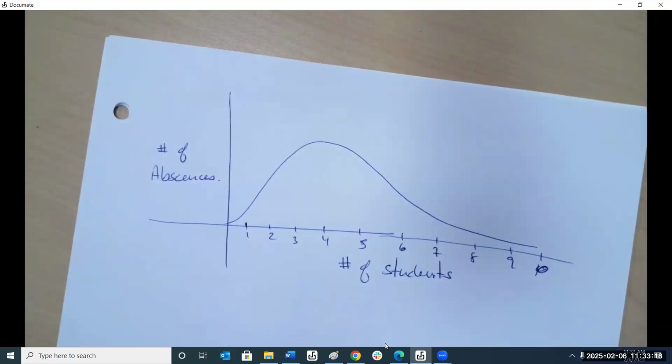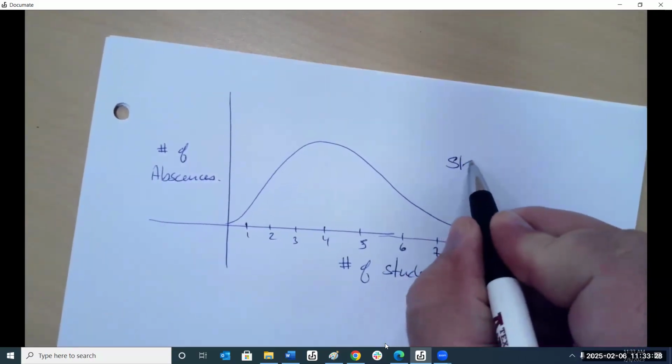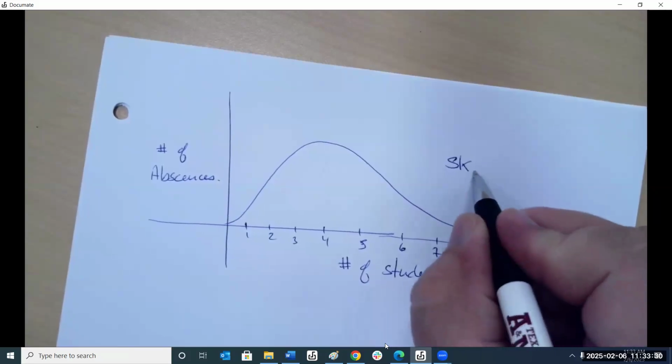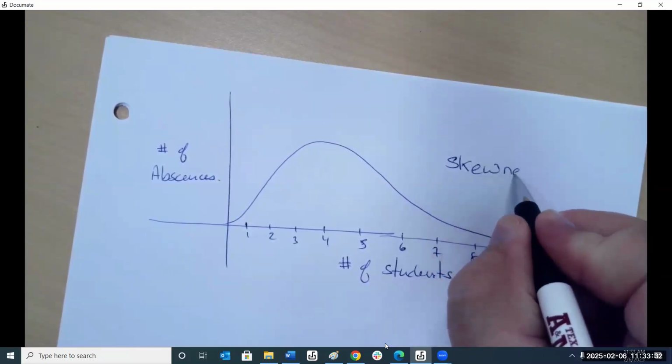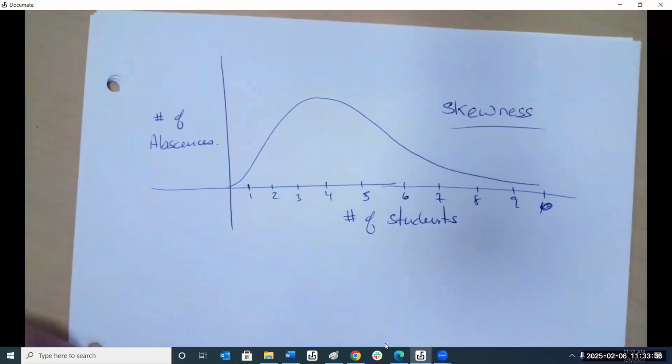What do we call those? When something is shifted to one side or the other, what is that called? Skewness. When something is skewed, that means it's shifted to one side.